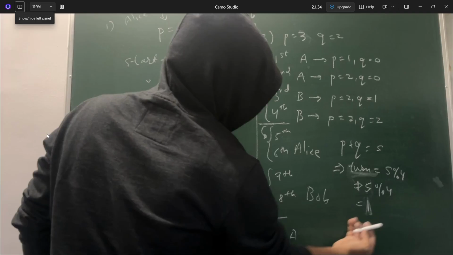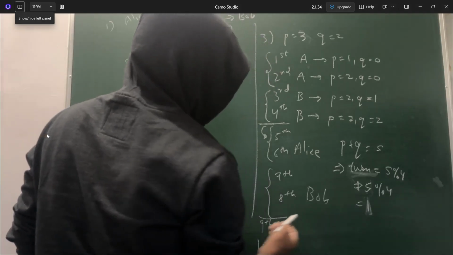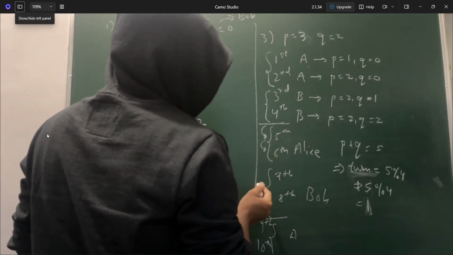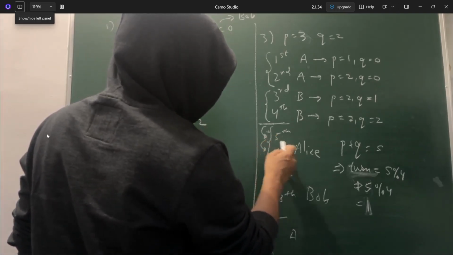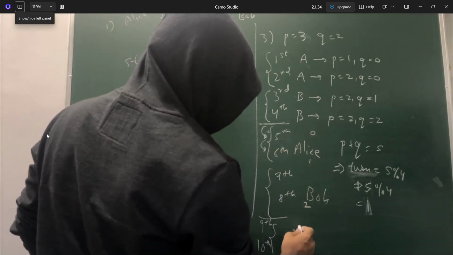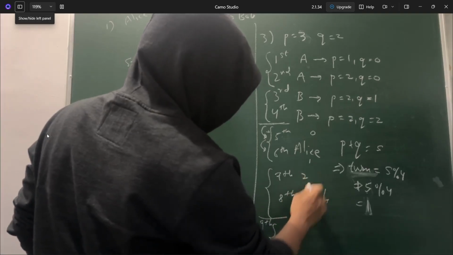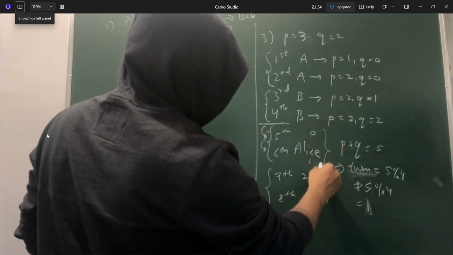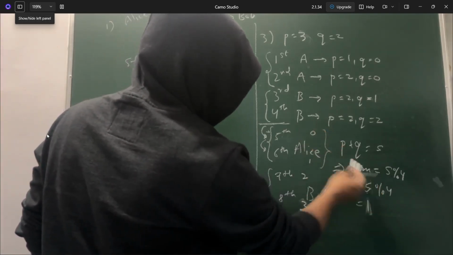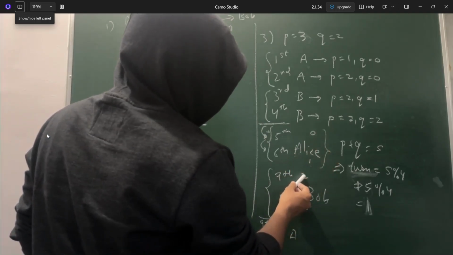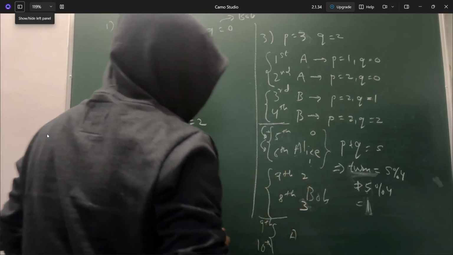So a mod value of 1 means it is Alice's service. Mod 0 is here, mod 1 is here, mod 2 is at the seventh service, mod 3 is here. So this is the pattern. If the mod value you are getting is either 0 or 1, then it is Alice's turn. If you are getting a mod value of either 2 or 3, then it is Bob's turn.